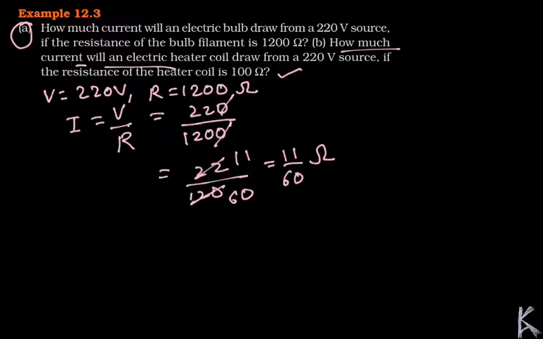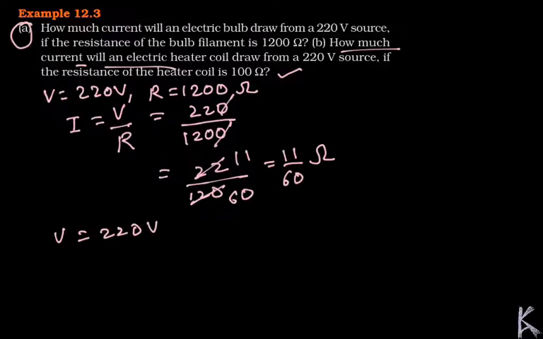And now the question is for B. How much current will an electric heater coil draw from a 220 volt source? The voltage is the same, 220 volt, if the resistance of the heater coil is 100 ohm.